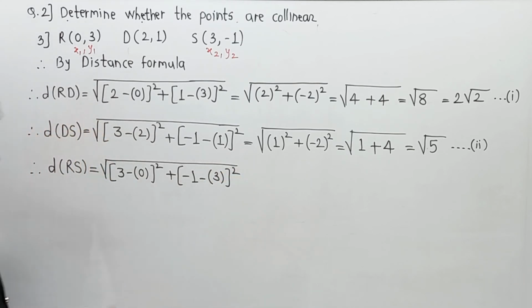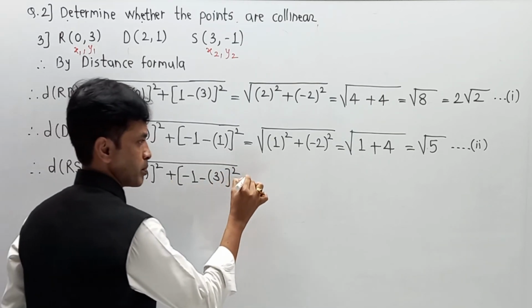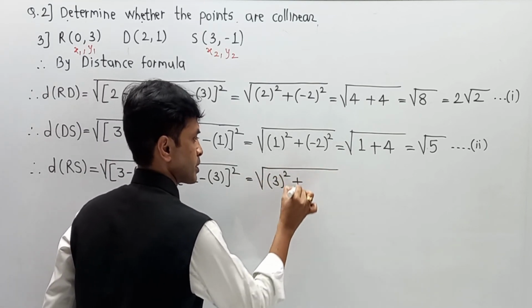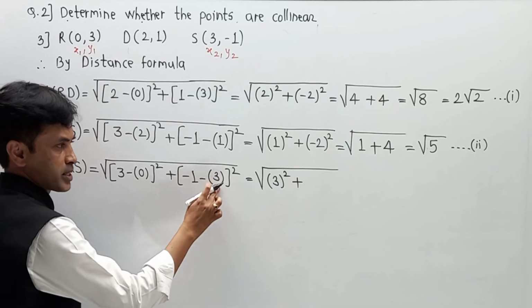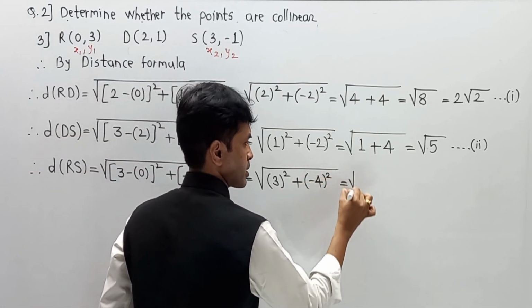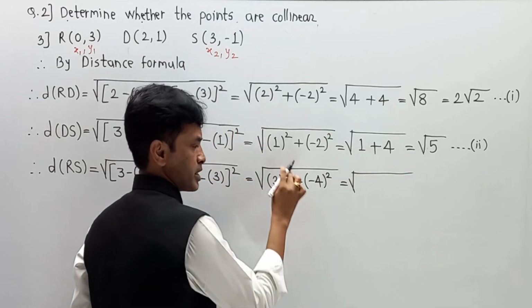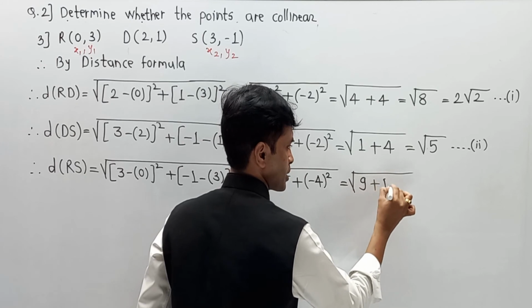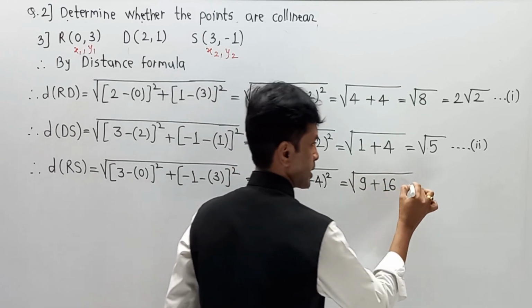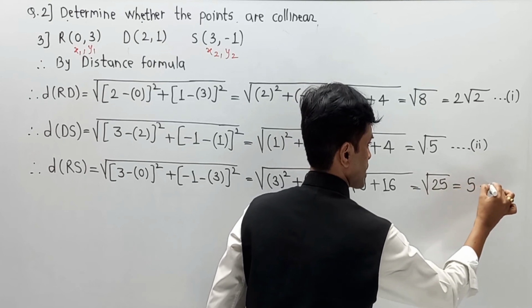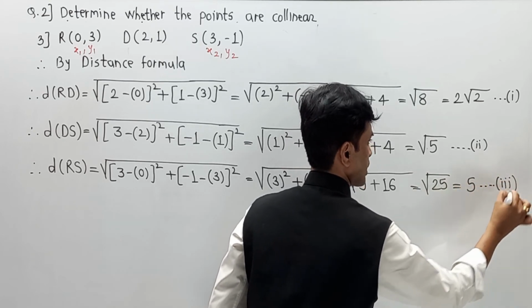Now making simplification, 3 minus 0 means 3 square plus minus 1 minus 3 means (minus 4) square. Simplification of this: 3 square is 9 and minus 4 square is plus 16, and 16 plus 9 becomes root 25, which simply becomes 5, as equation number 3.